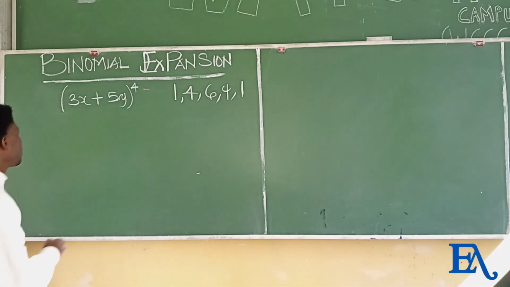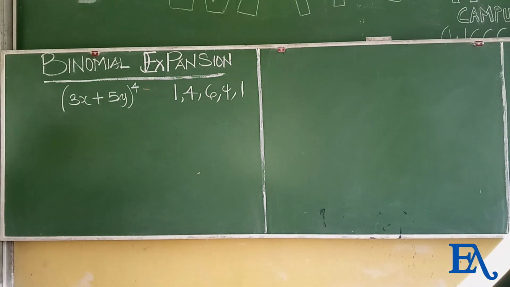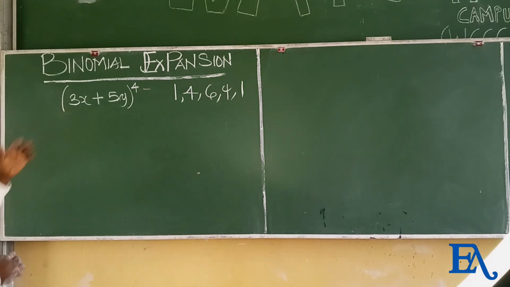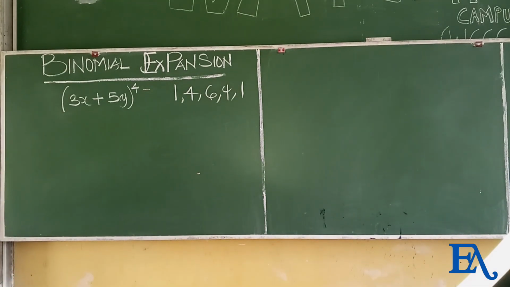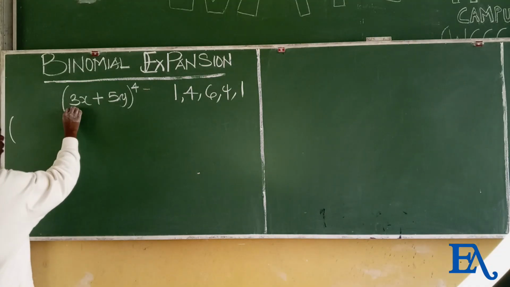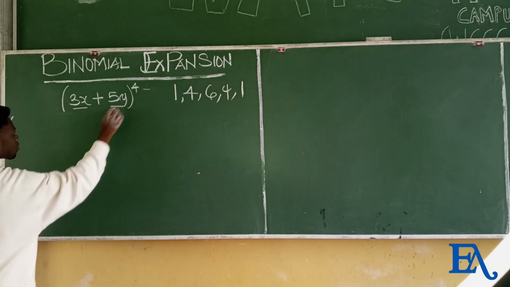Alright, let's proceed. The first step is expanding the bracket, whereas the second step is using the coefficients from the Pascal triangle. In the first approach, the first term is 3x. Instead of writing x alone, it will go with 3 and x because they are together. So take note.